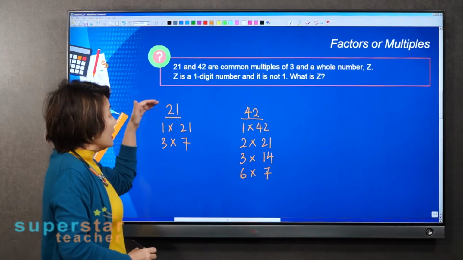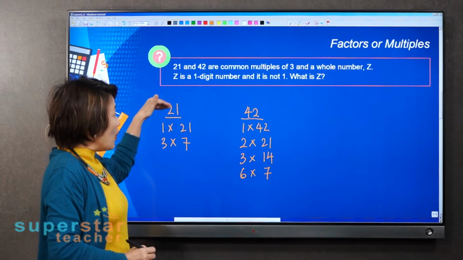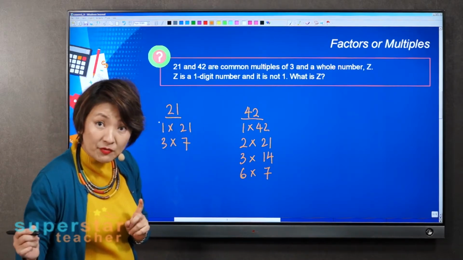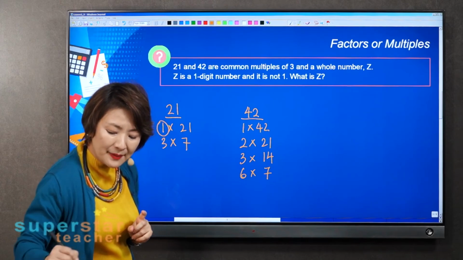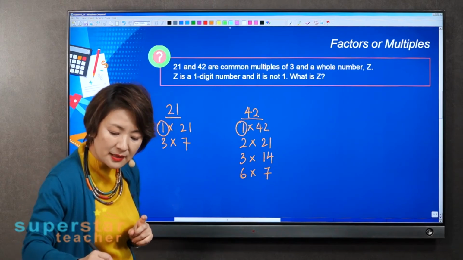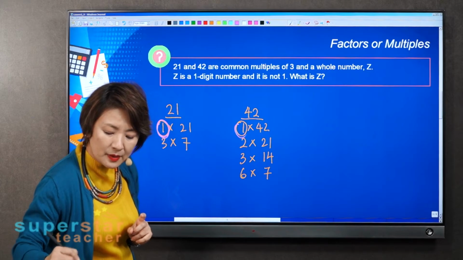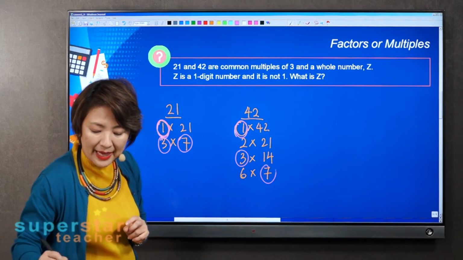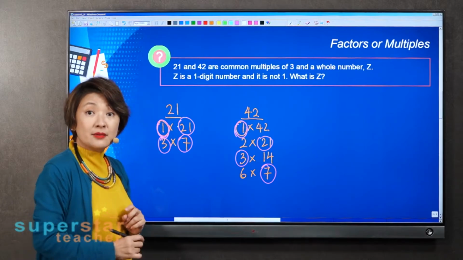By looking at the factors of 21 and the factors of 42, what I can tell is that the common factors are 1, 3, 7, and 21.